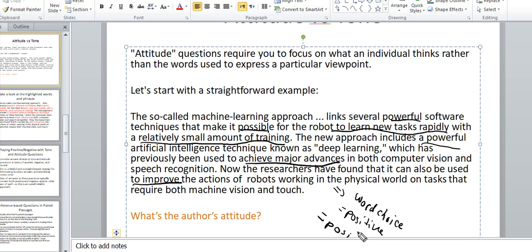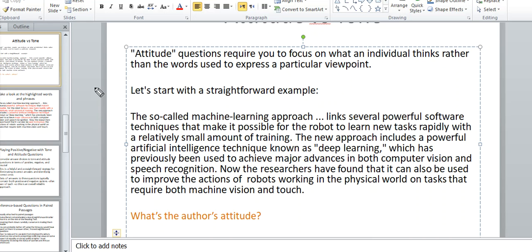He's like approving. Okay? He approves. Approving. He is with. He stands behind this concept or this technology. He likes it. That's what we were able to infer from his word choice.